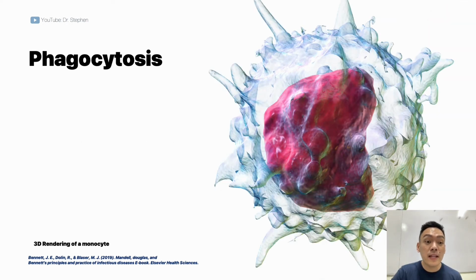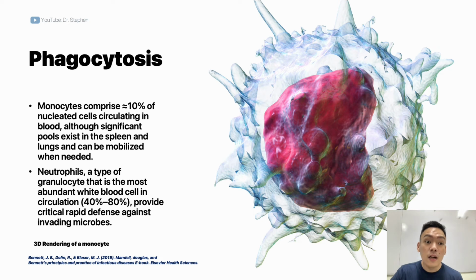Showing you a 3D rendering of a monocyte. Monocytes comprise approximately 10% of nucleated cells circulating in your blood. Although significant pools exist in your spleen and in your lungs, they can be mobilized when needed.